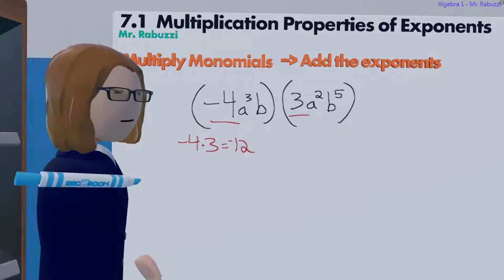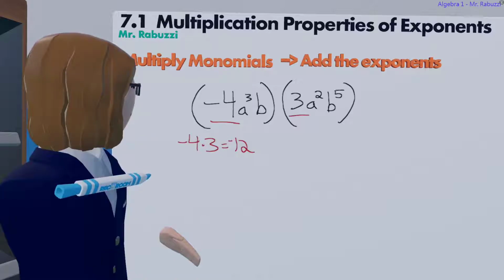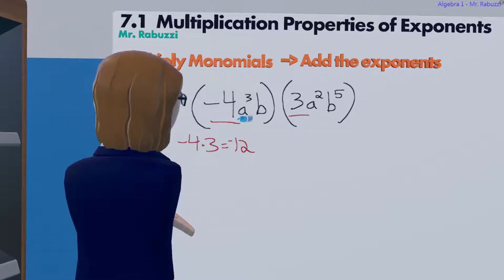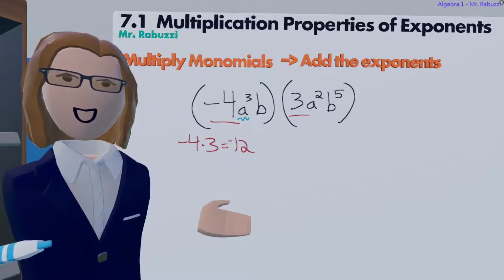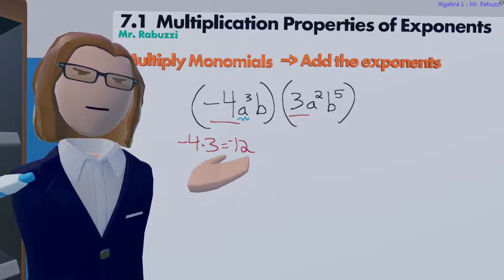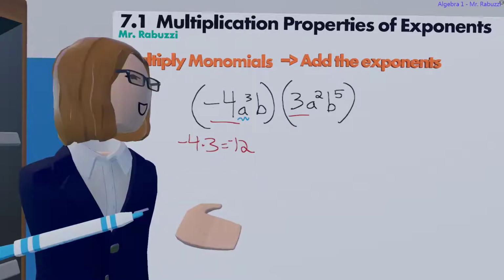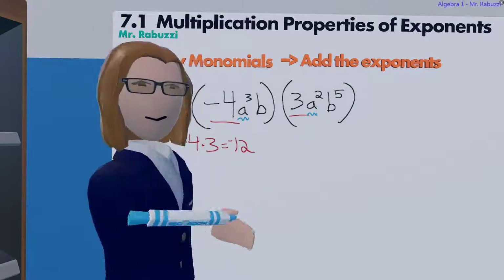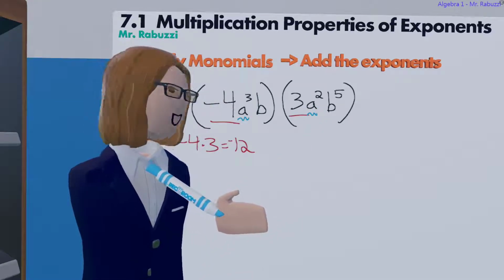Now we can move on to one of our bases. So I'm going to start with this a. We have an a base here. Do I have another a base? I can only multiply bases together if they have the same letter. So we have a and a. They can multiply together.